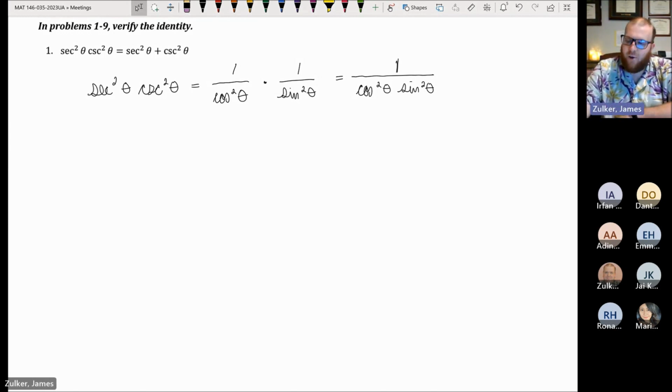So I ultimately know I want to get to this, which is 1 over cosine squared plus 1 over sine squared.